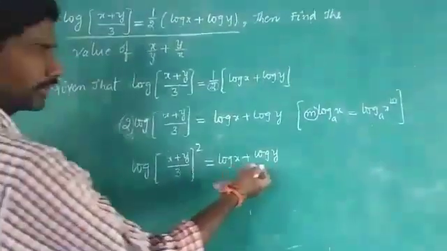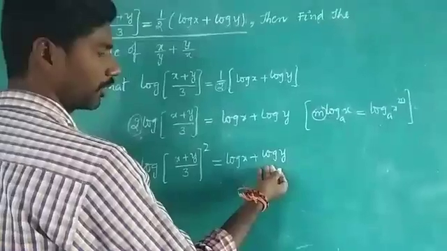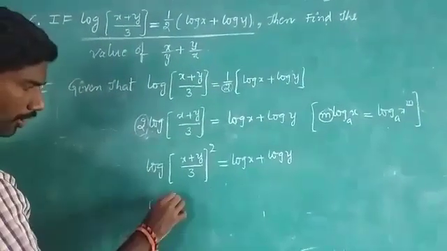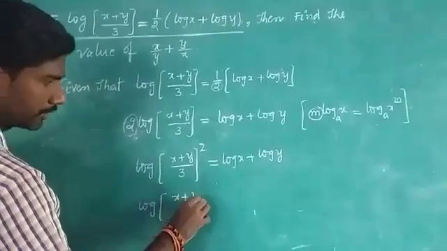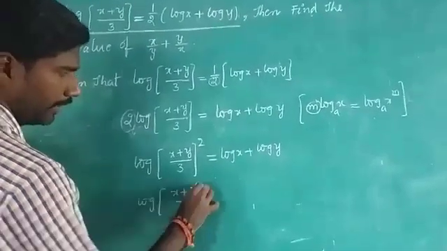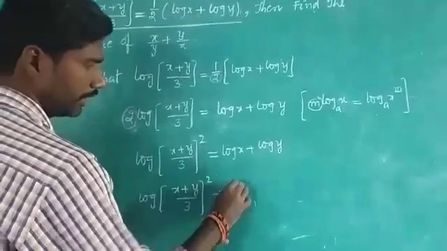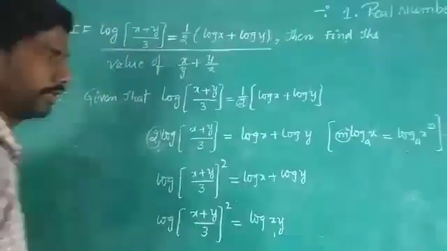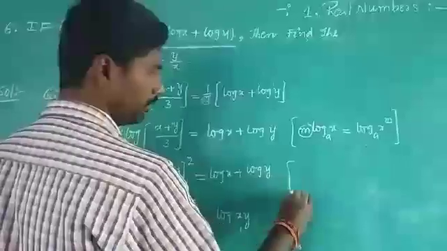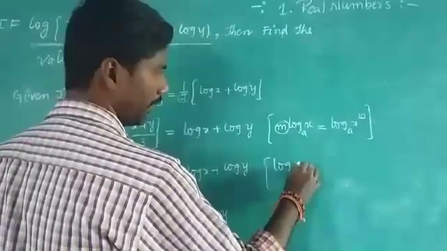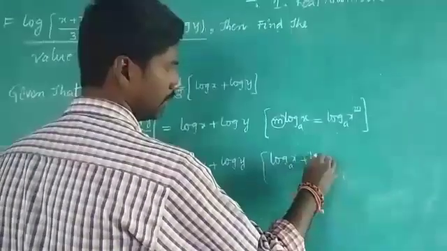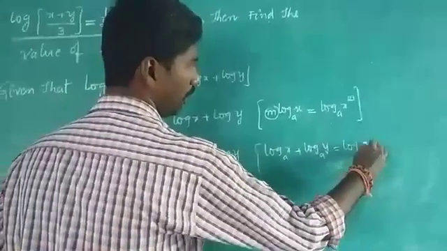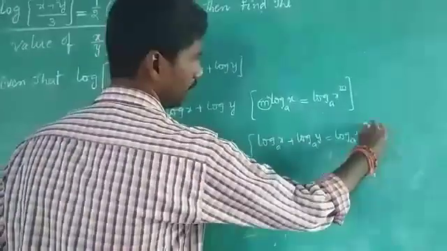So here also you can observe the product rule. What can you write? Log of ((x plus y) by 3) whole square is equal to log xy. The product rule: log x to base a plus log y to base a is equal to log xy to base a.